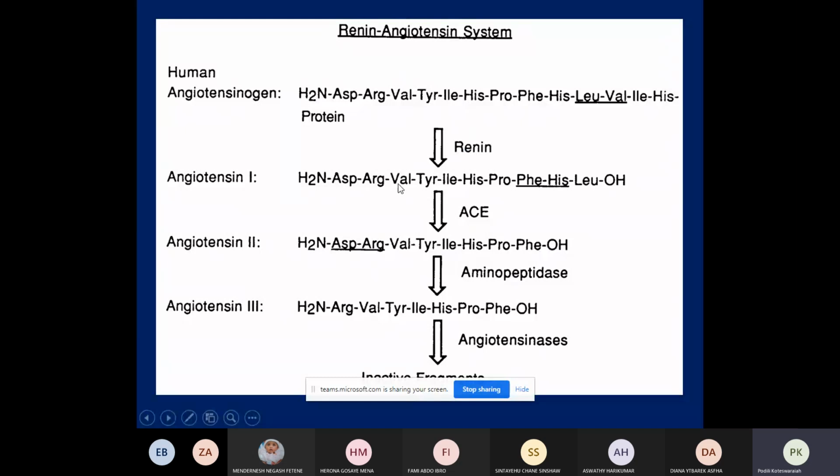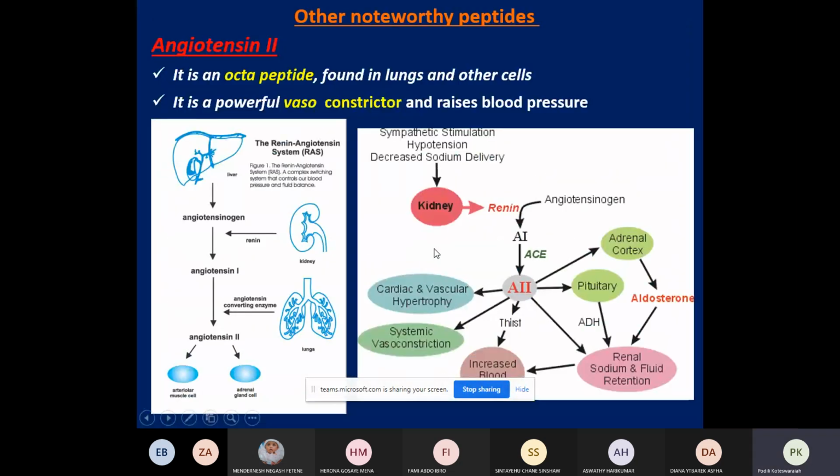Angiotensinogen, by the action of renin, forms angiotensin 1. Angiotensin 1, by the action of angiotensin converting enzyme, forms angiotensin 2. This angiotensin 2 is an octapeptide, and it is a powerful vasoconstrictor that raises the blood pressure.